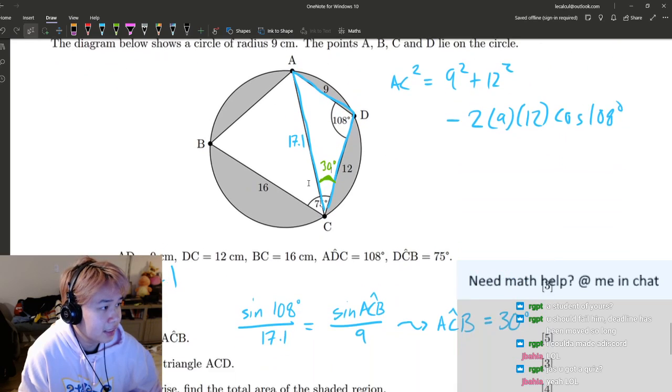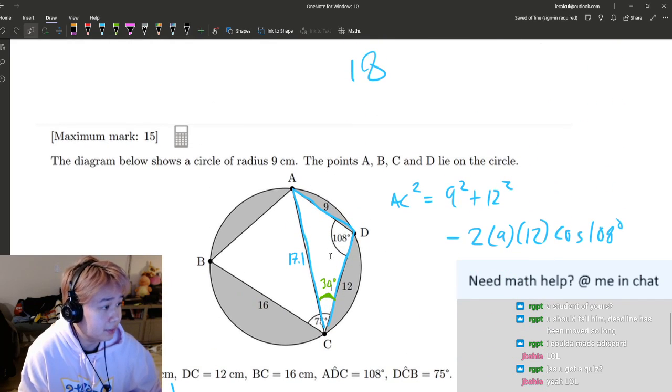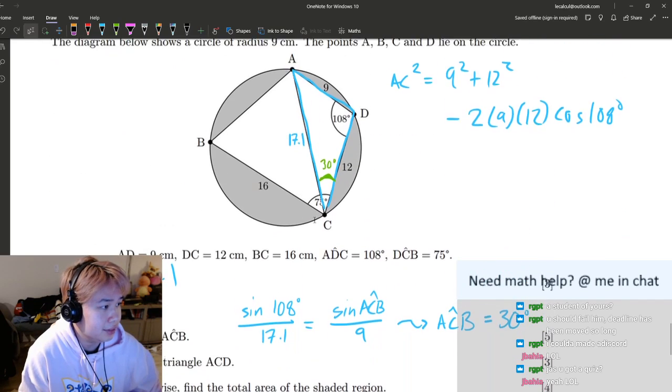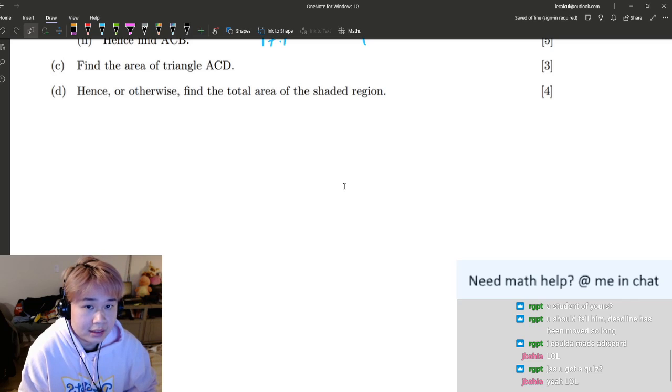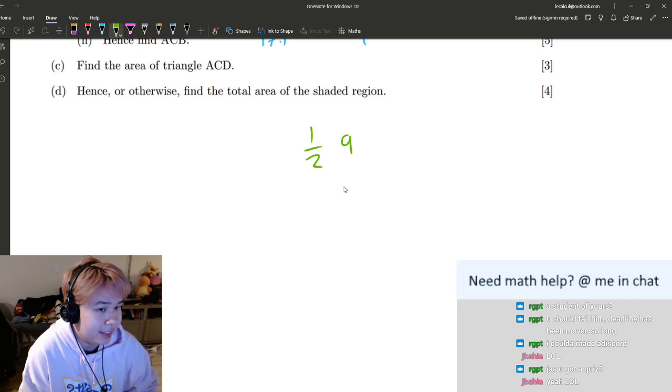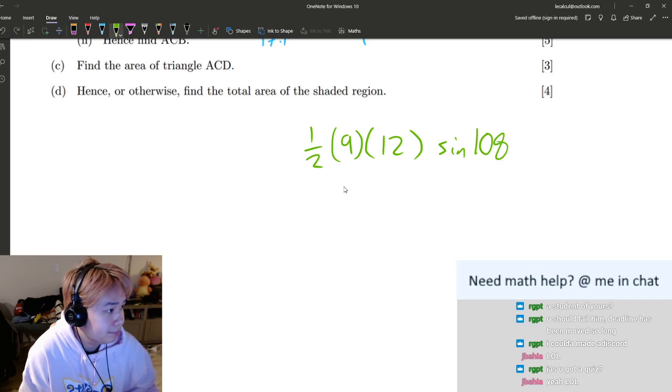Here's a little hint: if you can use values that they've given you instead of your own values, then you should use their values, just in case yours are messed up somehow. So the triangle ACD is 1/2 times a, which is 9, times 12, times sine 108.